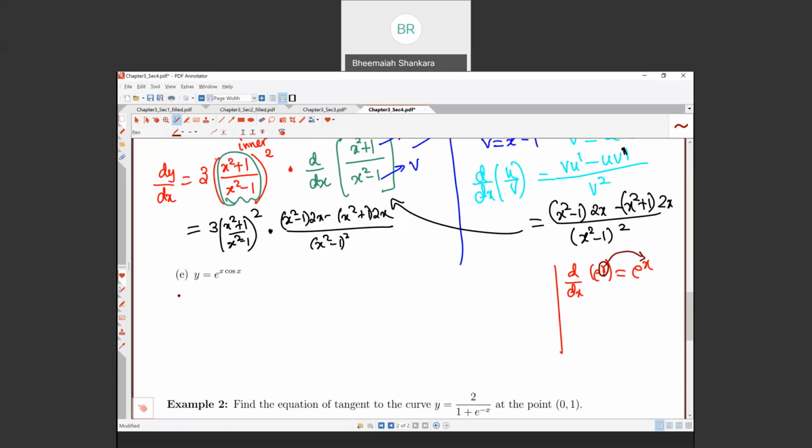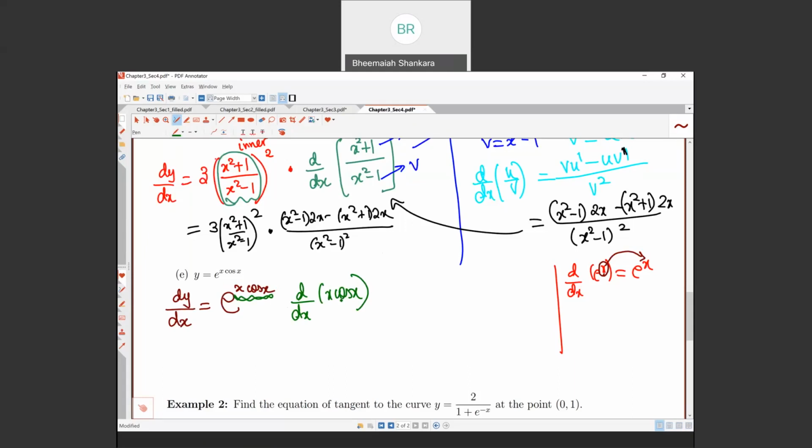So let's do the derivative of y with respect to x, dy over dx. The derivative of any exponential function is the same, so write e to the x cosine x. This is your outer function. But read the inner function carefully, x cosine x, and you want to derive this x cosine x.